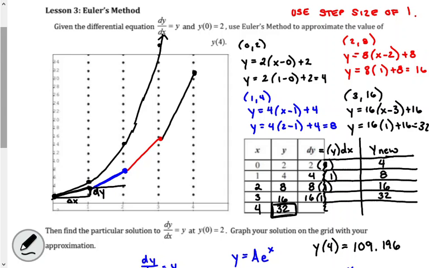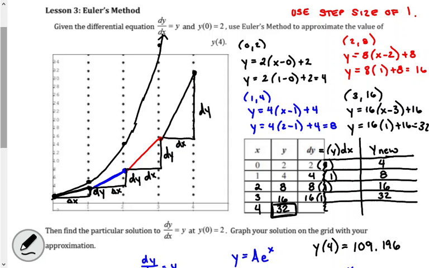So this is delta x, and you're adding dy to your original y value. But it's all done in table form, so you could do a whole bunch of them and not have to write a ton of tangent lines. Do you kind of get it? Yeah?